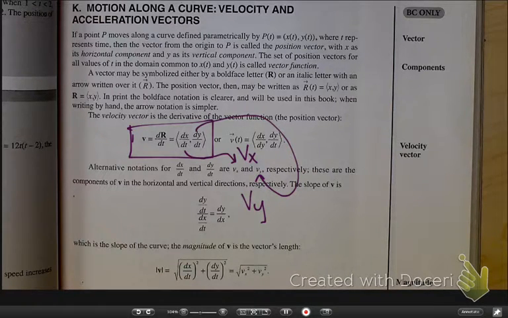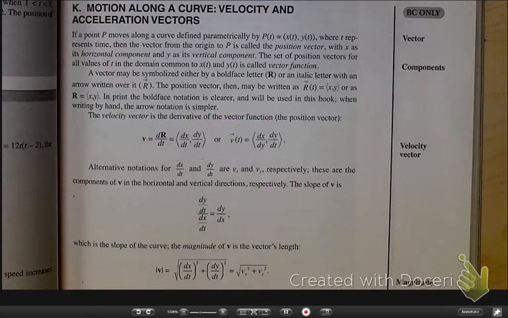Okay, good. So those are the velocity components respectively. They're derivatives respectively, dx/dt and dy/dt. It says that those are the components for the horizontal and vertical directions. To find the slope of the line, you just divide their vertical and horizontal components.